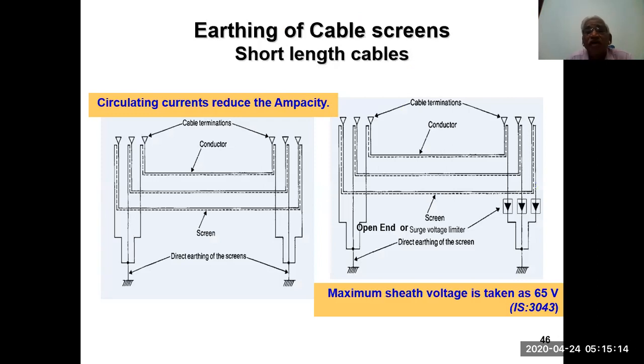Earthing of cable screens in short lengths of cable is shown, where the circulating current reduces the ampacity. If there is a circulating current, that heats the cable, and your cable ampacity, meaning the current carrying capacity, comes down because the cable is already at a higher temperature.